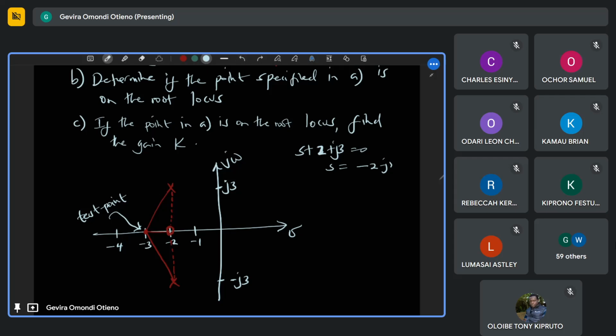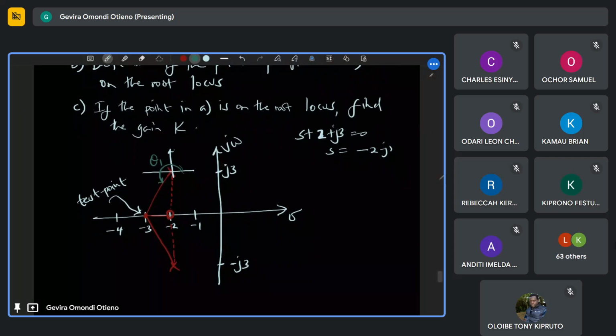So if that is the real axis, and of course, that is the imaginary axis, we want to know this angle here from the real axis all the way to the point it makes with the test point. So we can call this angle θ1. Notice it is the angle measured from the real axis to the test point.